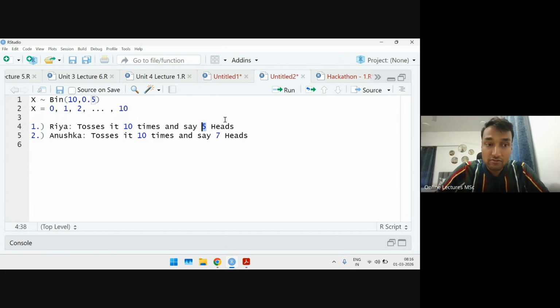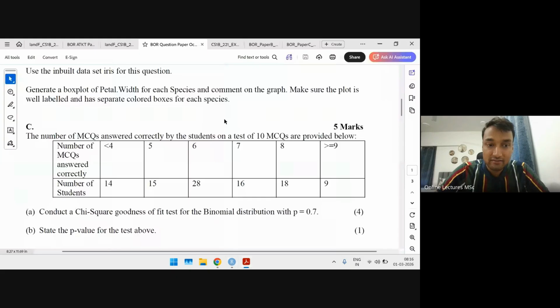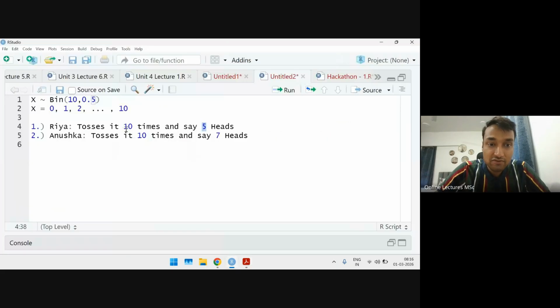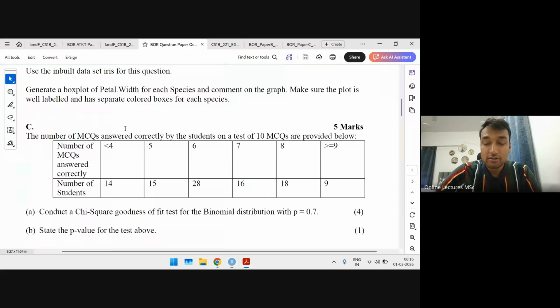Now, in this example, instead of tossing a coin, you have the number of MCQs a student is writing. Just like each one of you tossed the coin 10 times, here every student is writing an MCQ exam which has 10 MCQs in it.